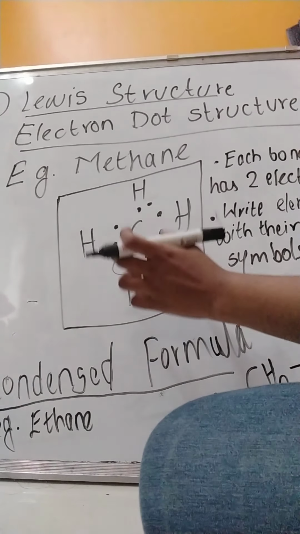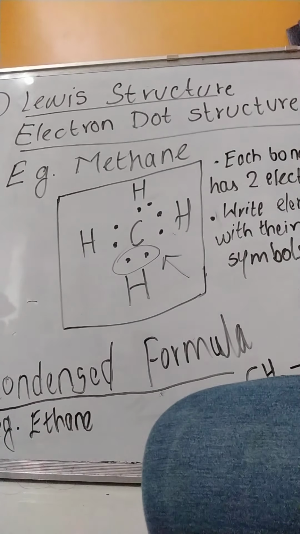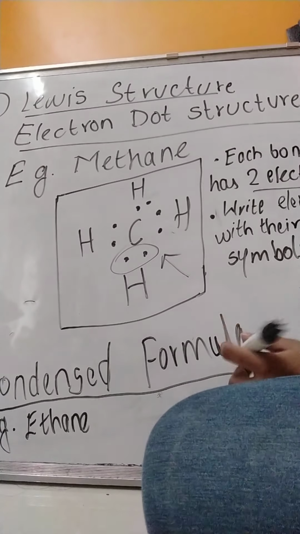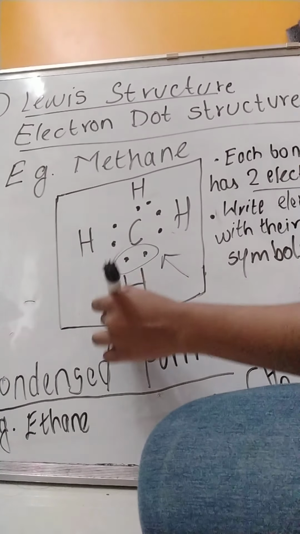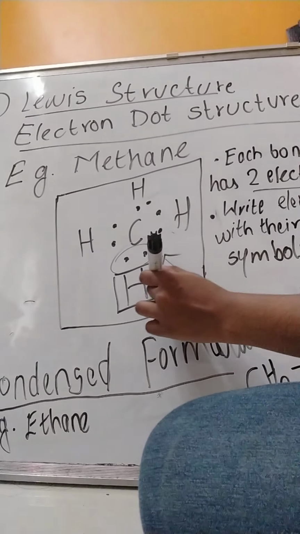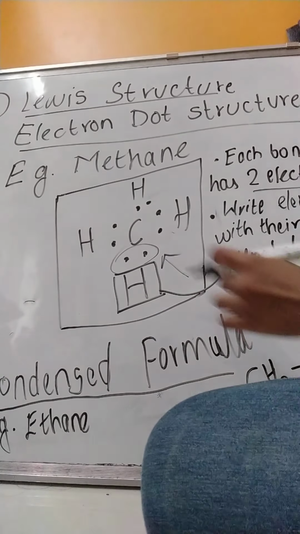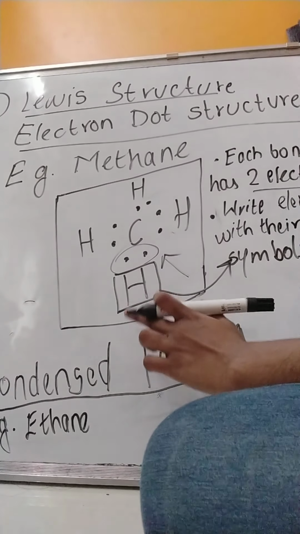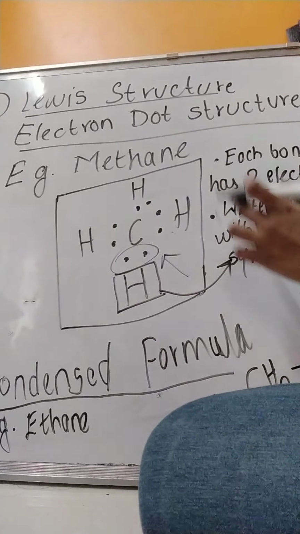We should remember that each bond has 2 electrons in it, and similarly to the first representation, it also has elements represented by their symbols. This is called the Lewis structure.